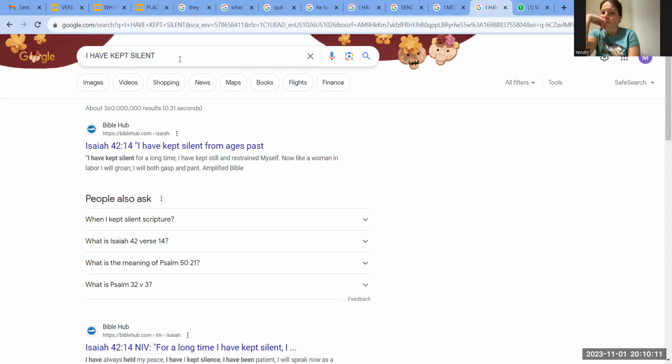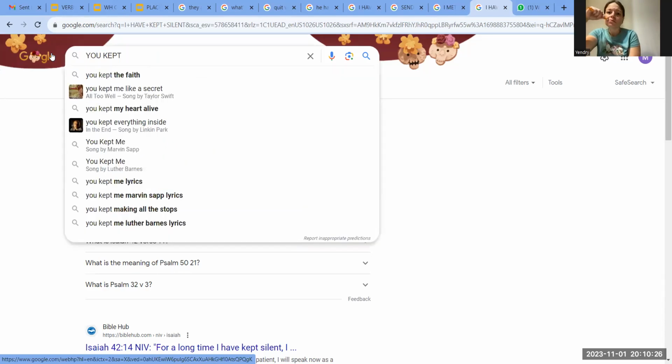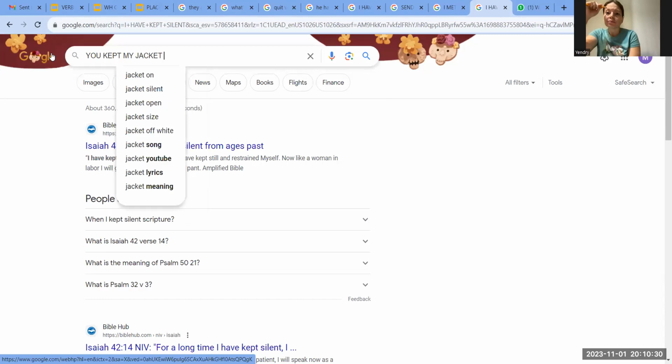Your sister says, "Hey, I need a jacket," and you say, "Okay, take the black jacket." And then 1 month after, 2 months after, you say, "You kept my jacket."